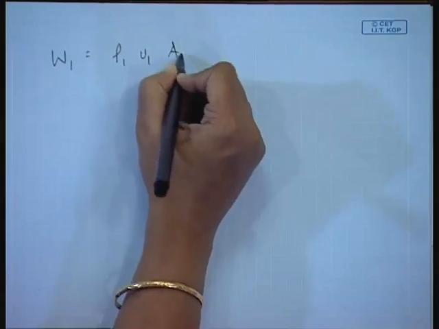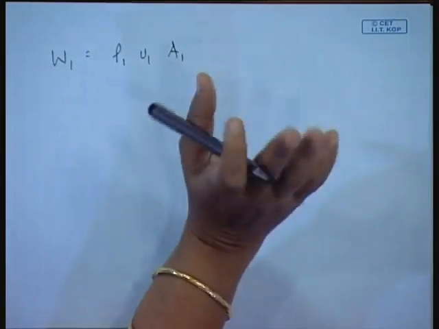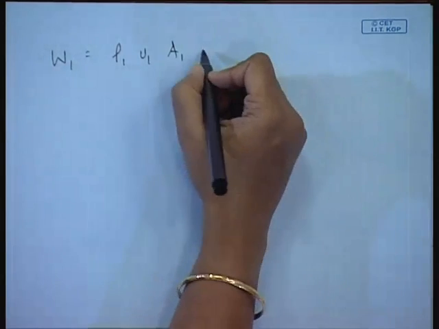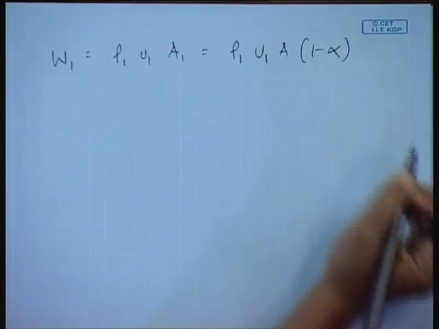W1 equals rho 1 U1 A1. Every day I write down these equations so that they get into your head and you do not forget how to start your derivations.